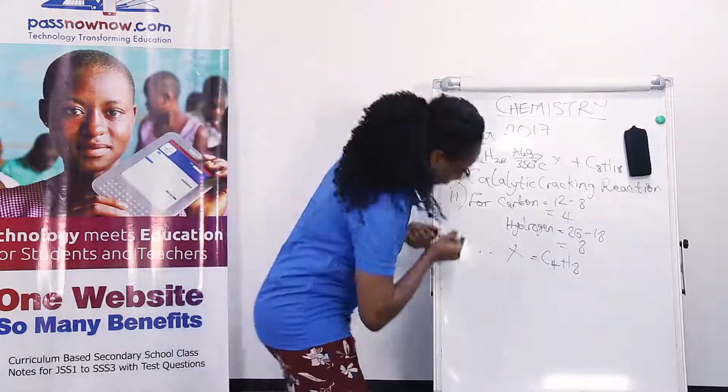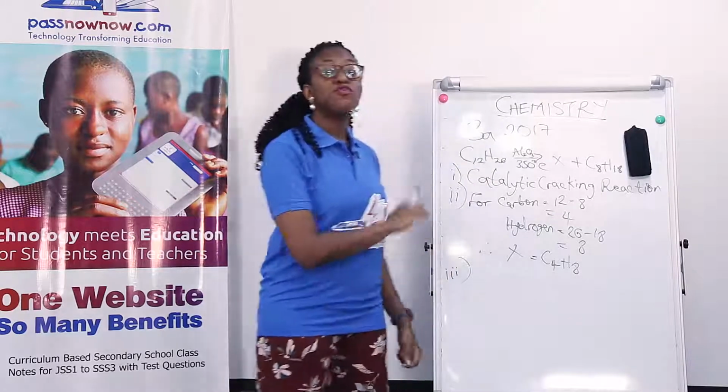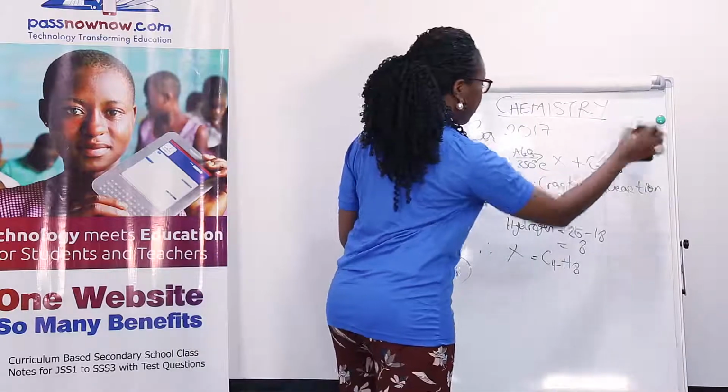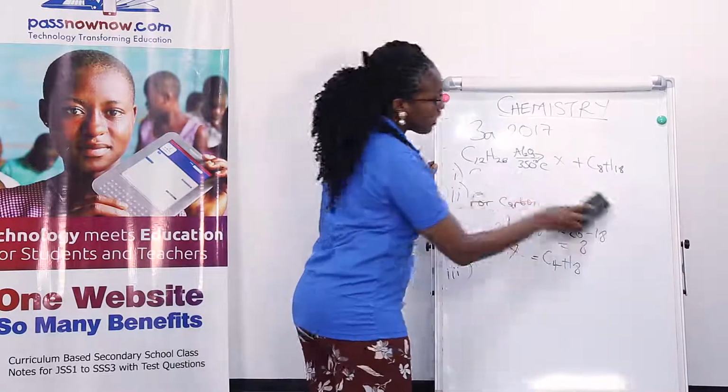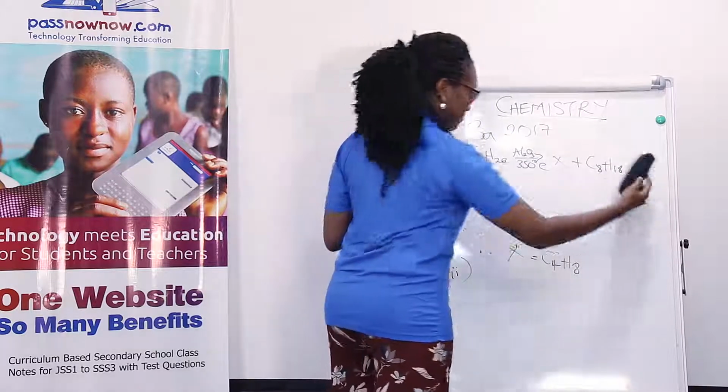Question III says to draw the isomers of X. Now, how can we know the isomers if we don't know what this hydrocarbon is?